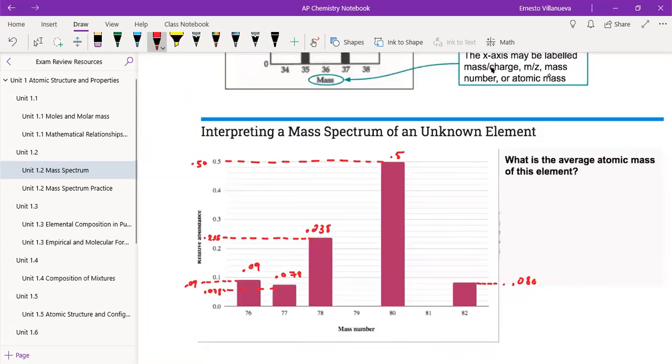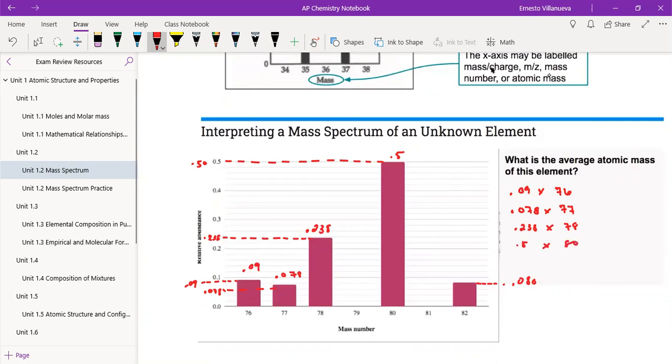So I'm going to go ahead and list these right here. I'm going to start from the very left. It's going to be 0.09 times 76, that's the mass. Then it's going to be 0.079 times 77, then 0.238 times 78, 0.5 times 80.